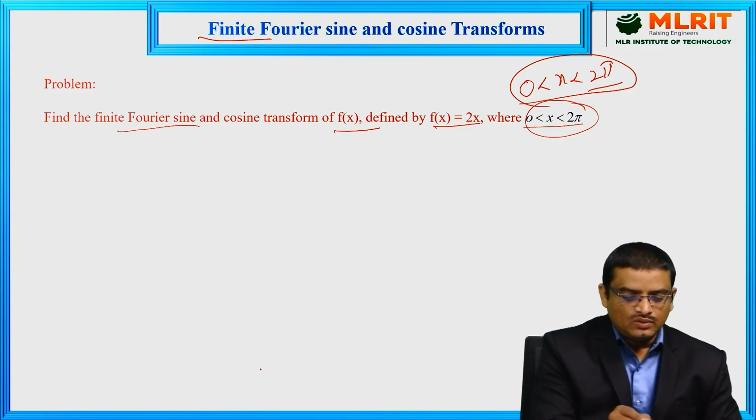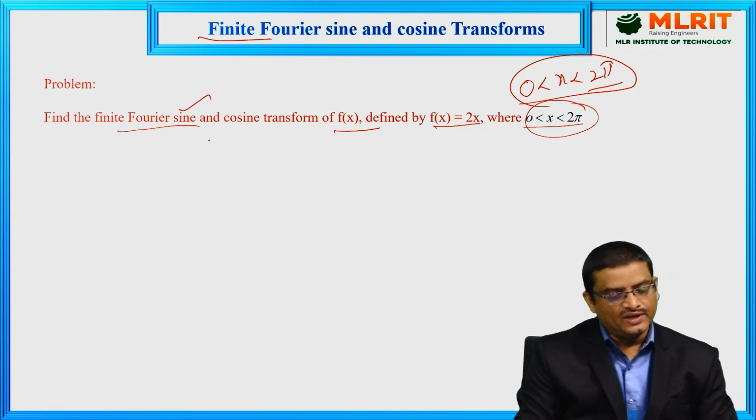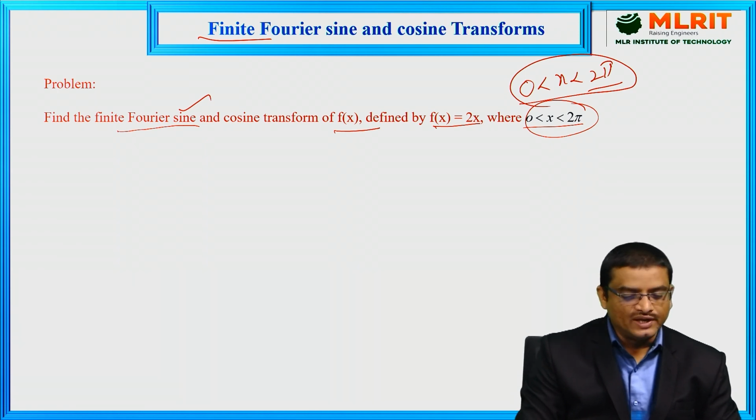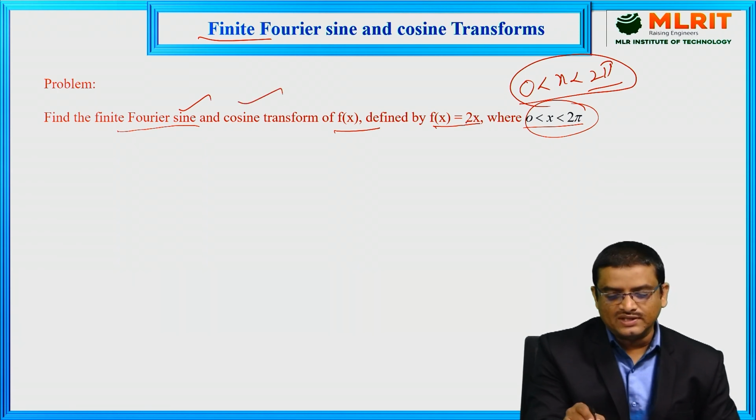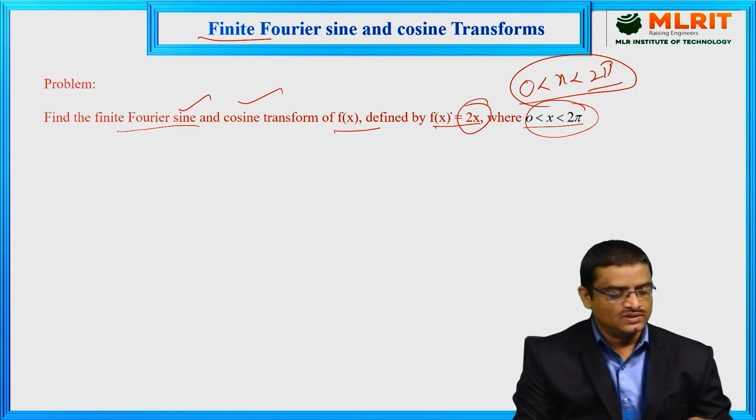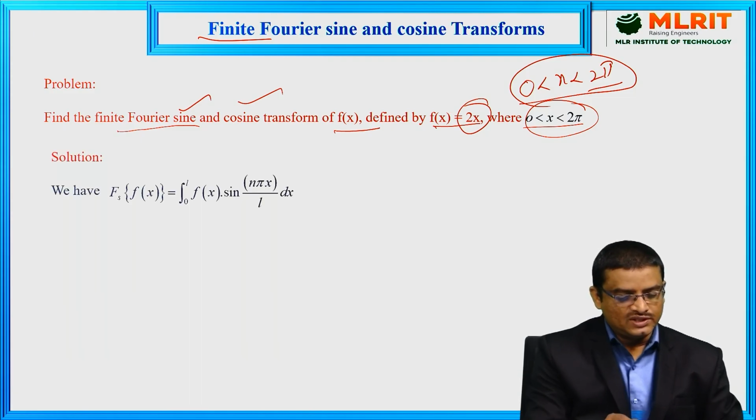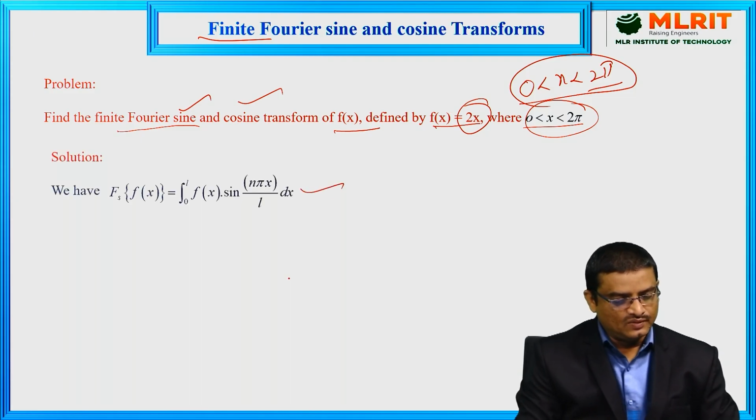Now we have to find both the finite Fourier sine and cosine transforms for the function f of x equal to 2x. This is the formula we have taken to find the finite Fourier sine transform.